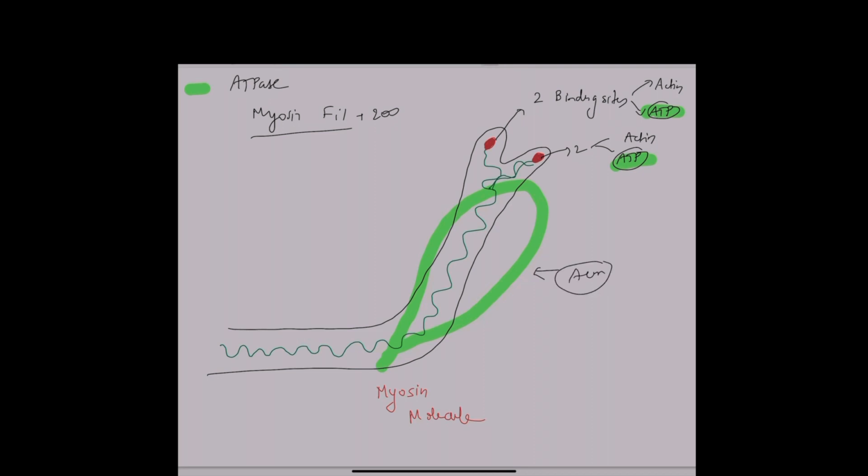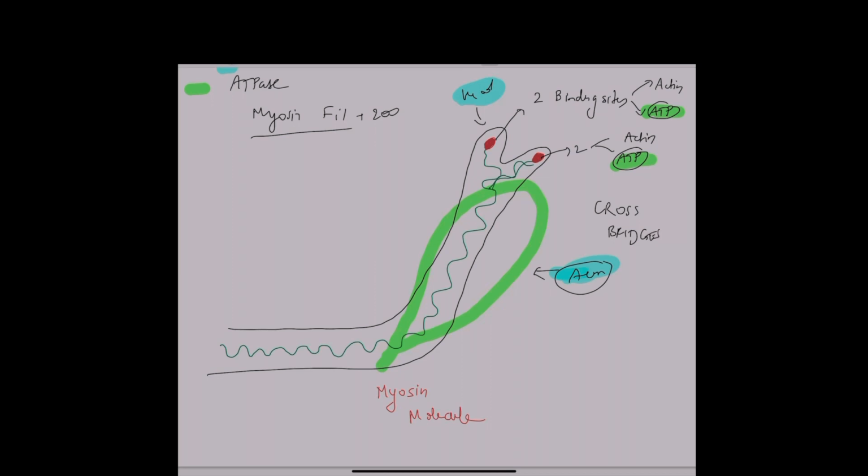So we have the arm and we have the head. The arm and the head together are called cross bridges. I repeat, the arm and the head together are called cross bridges.